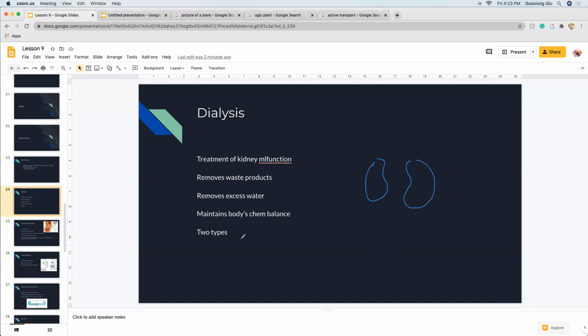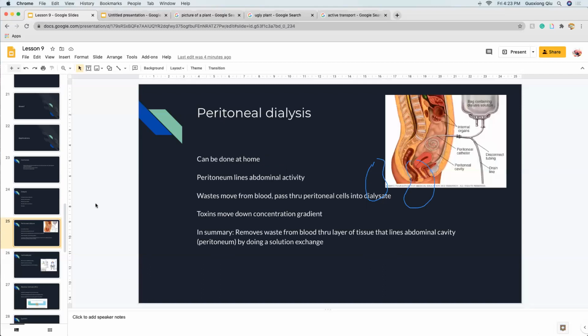So, the treatment. There are two types of dialysis for treating kidney malfunction. First up, peritoneal dialysis. The two types of dialysis, one must be done in the hospital and one can be done at home, kind of. With peritoneal dialysis, you go to the hospital, I think you have surgery, they do some stuff, you go home, and then you can do the rest of the procedure at home.